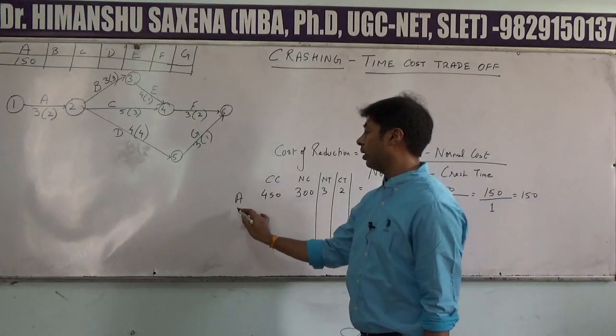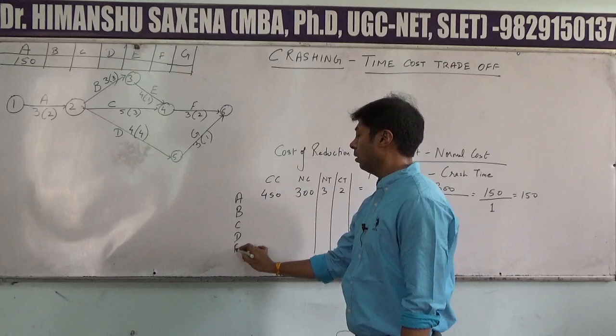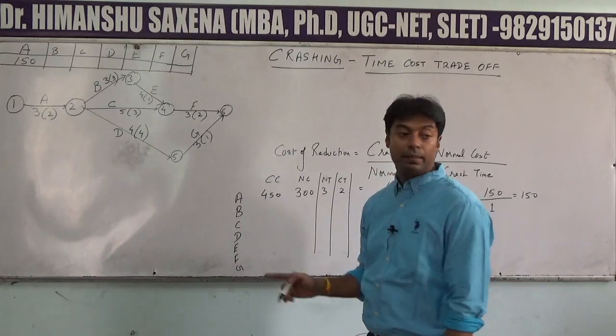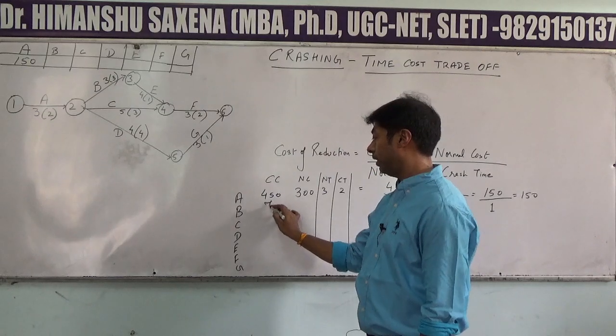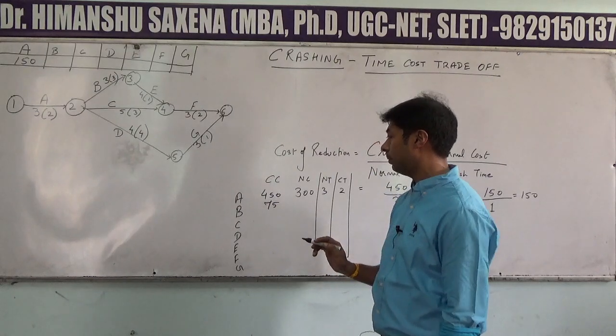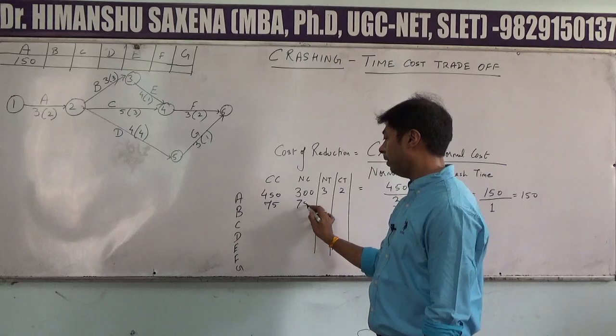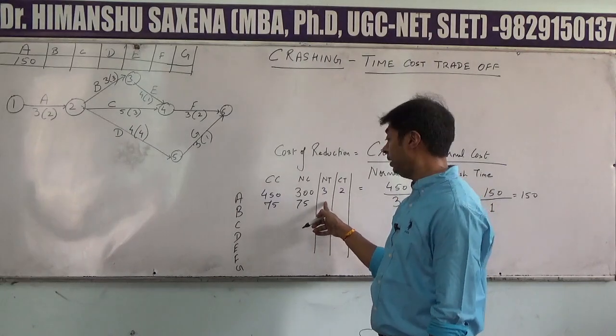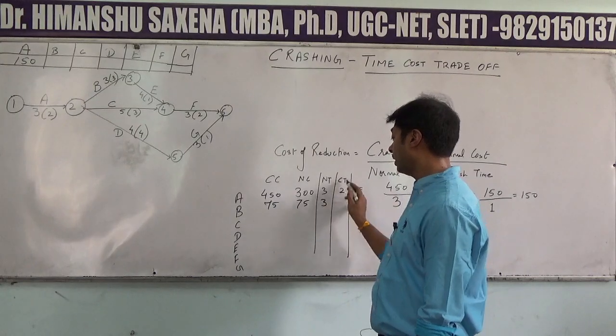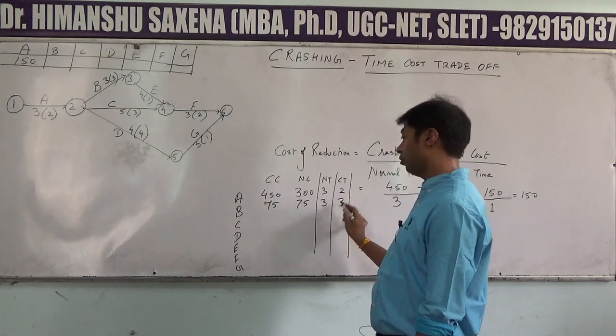Now tell me, what is the crash cost of activity B? 75. And what is the normal cost? That is again 75. Now the normal time of activity B? 3. And crash time? That is also 3 weeks.